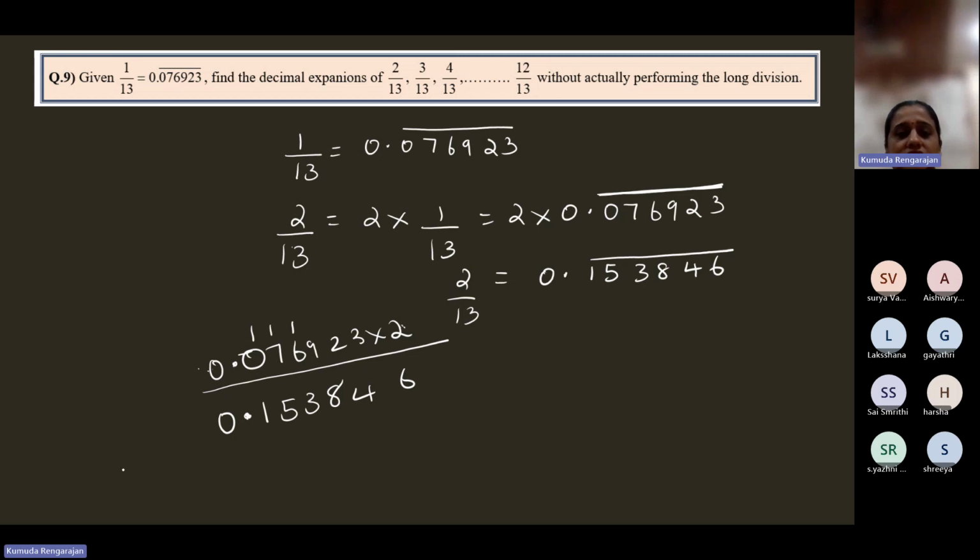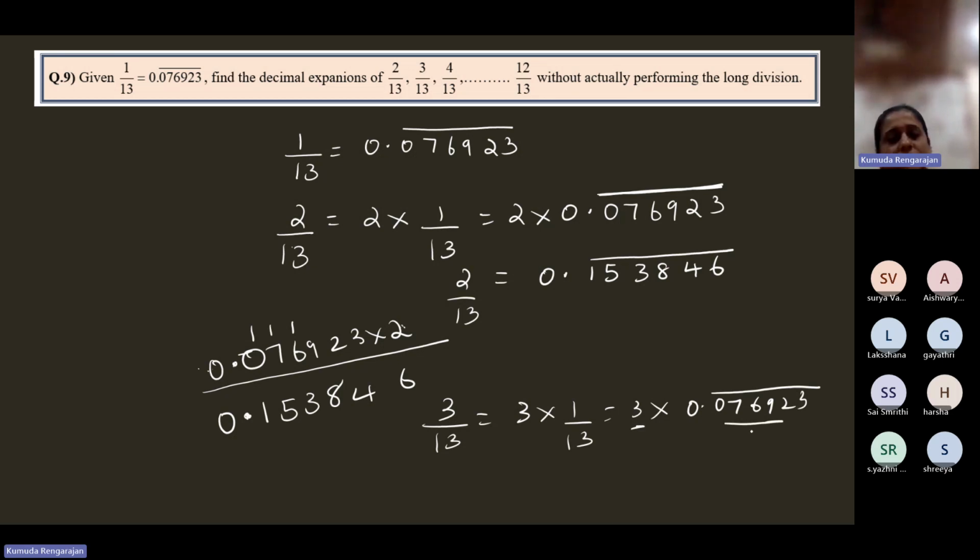So 3 by 13 is equal to 3 into 1 by 13. So that is 3 into the value of 1 by 13 that is given, 0.076923 recurring. Now multiply this number and this number as usual, and in the product, place the bar on top of the last 6 digits after the decimal point.